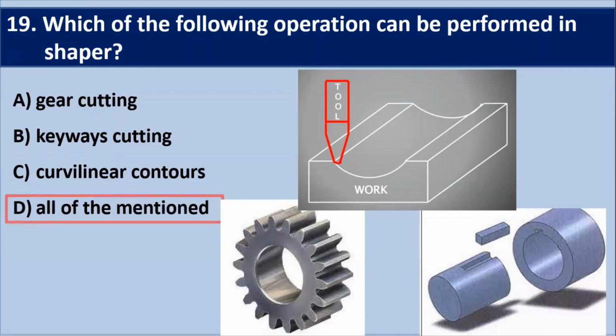It means the answer is all of the mentioned operations which we can perform on the shaper machine. But we know that mainly the shaper machine is used for the flat surface, but it is a versatile machine and can be used for some other purposes also.